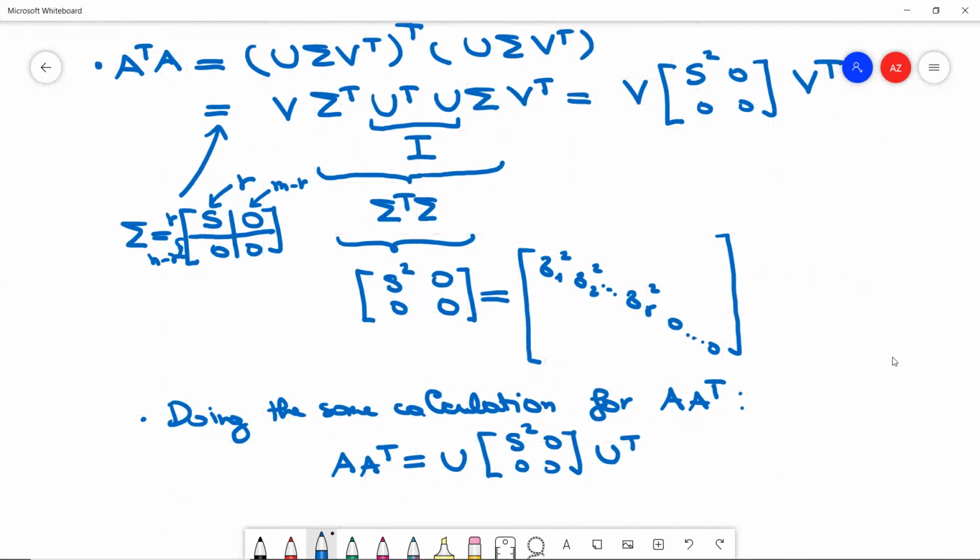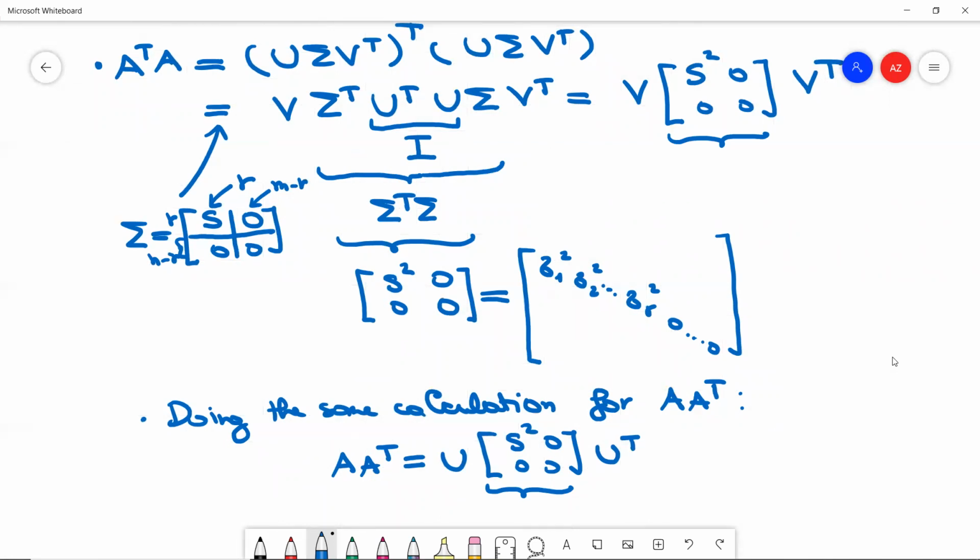Of course, you have to be careful here. This middle matrix and this middle matrix are not exactly the same. In the left upper corner it is the same, but the dimensions of the zeros are different.